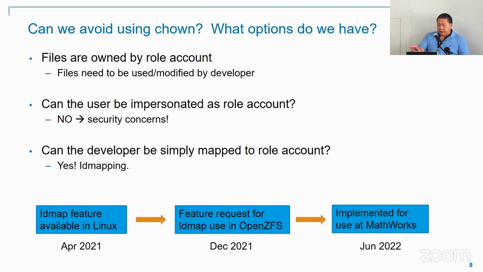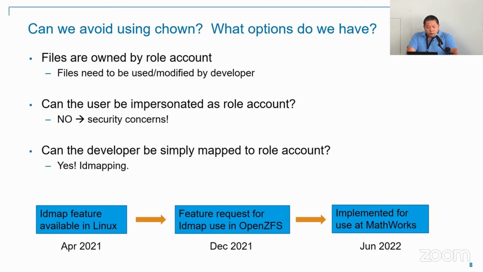So this is a kind of timeline. In April of 2021, this ID map feature became available in Linux in kernel 5.12, done by a Linux developer, Christian, I think.